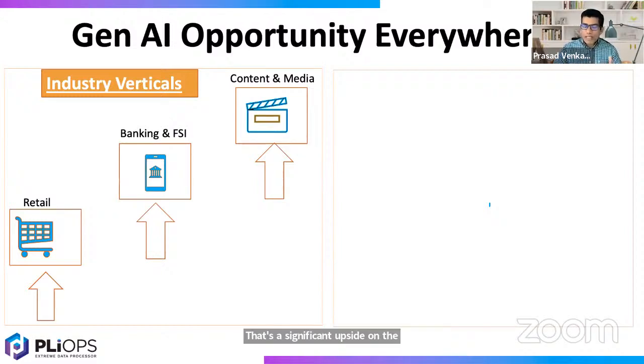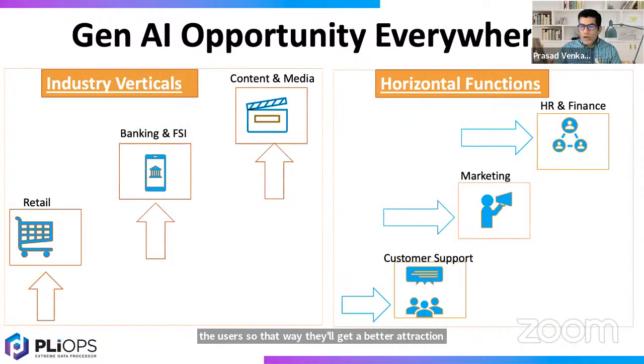Content and media is pretty much the same: based on the embeddings that are generated, highly curated content will be shown to the users, so they get better traction with higher adoption. For horizontal functions, customer support is one of the low-hanging fruits, where people are building conversational chatbots to improve understanding of customer needs and provide a very superior customer experience.